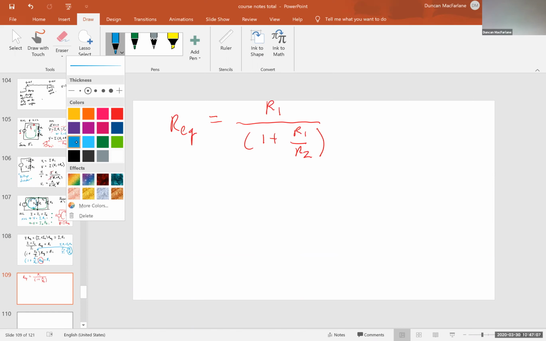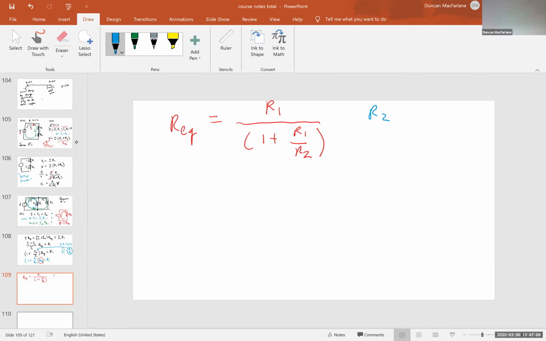Multiply through by 1. And my R equivalent is equal to R1 R2 over R1 plus R2. And those are resistors in parallel.